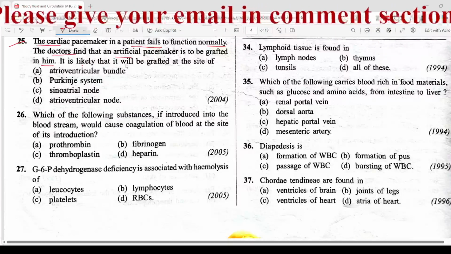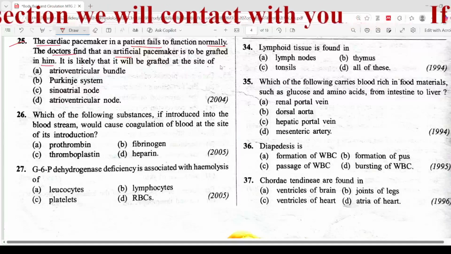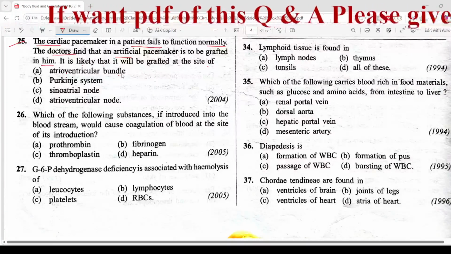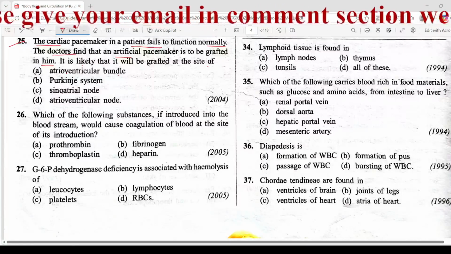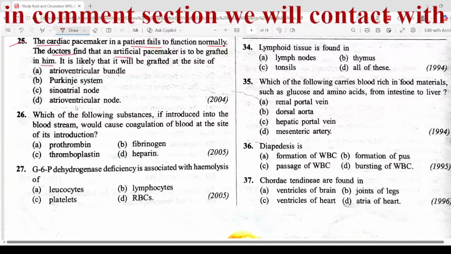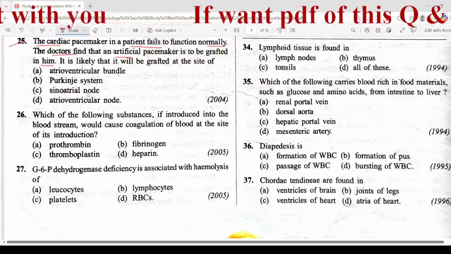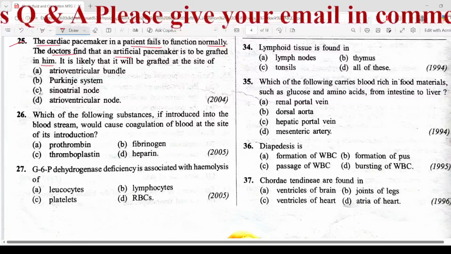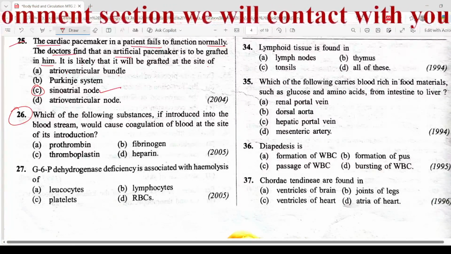It is likely that it will be grafted at the site of atrioventricular tube, atrioventricular bundles, Purkinje system, sinoatrial, and atrioventricular node. So the correct answer for this question will be option C. Let's move to the next.